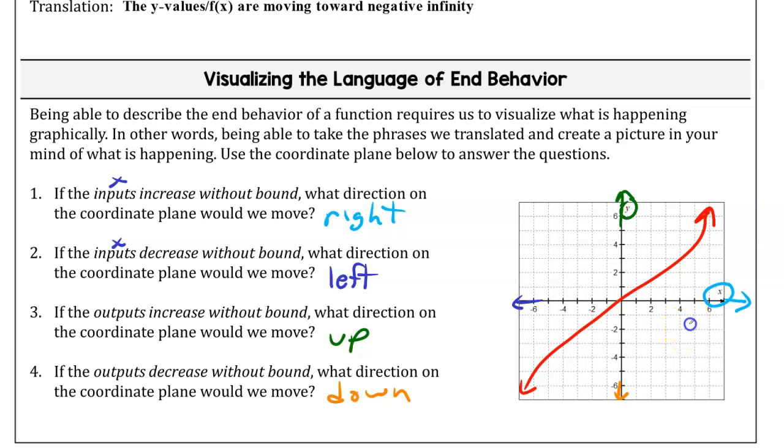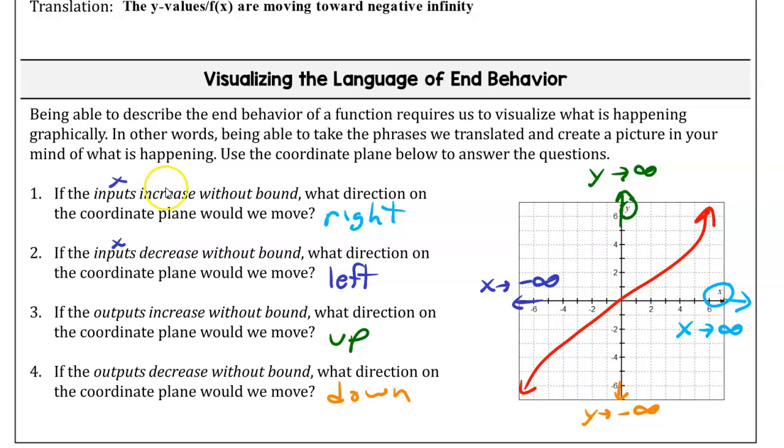We would say x is approaching positive infinity. Here we would say y is approaching positive infinity. x is approaching negative infinity, and y is approaching negative infinity.